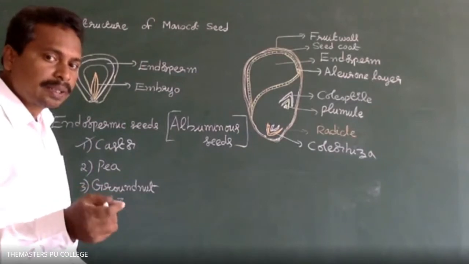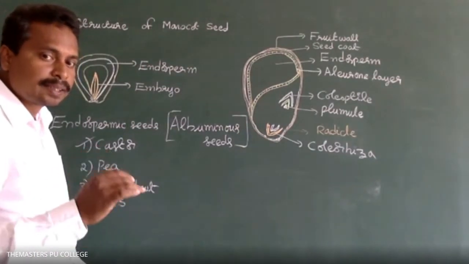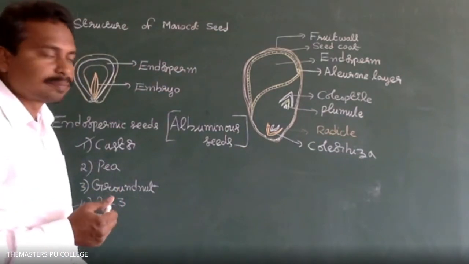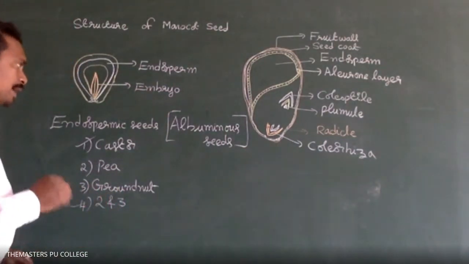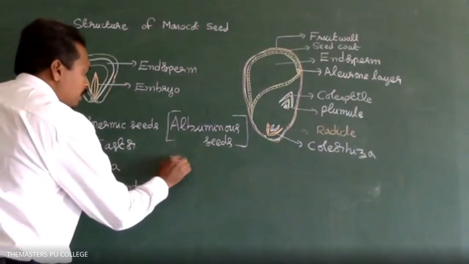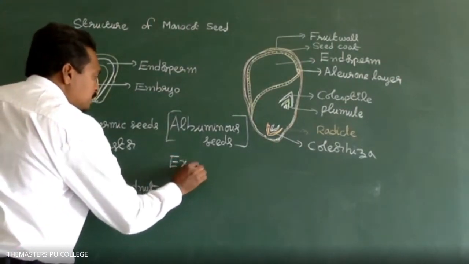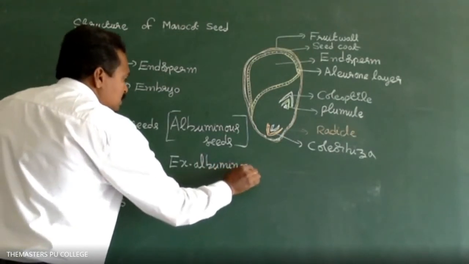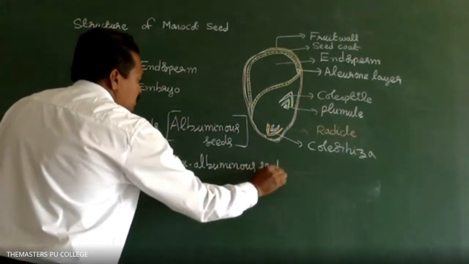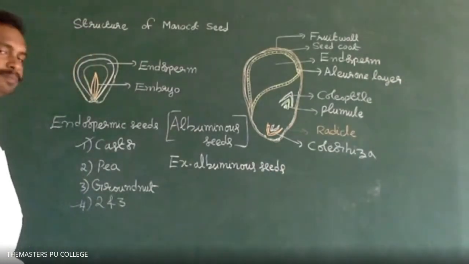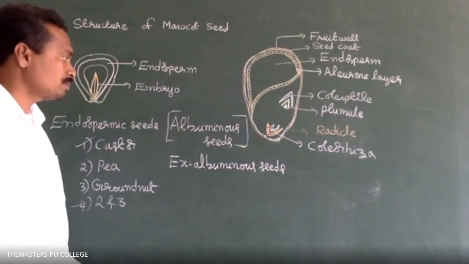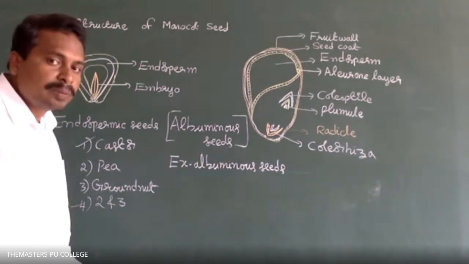Endosperm tissue is present in the mature seeds. Such seeds are called endospermic seeds or albuminous seeds. Non-endospermic seeds are known as ex-albuminous seeds.